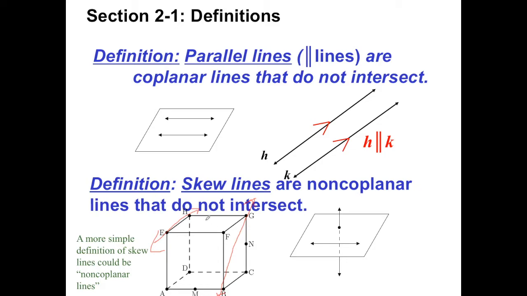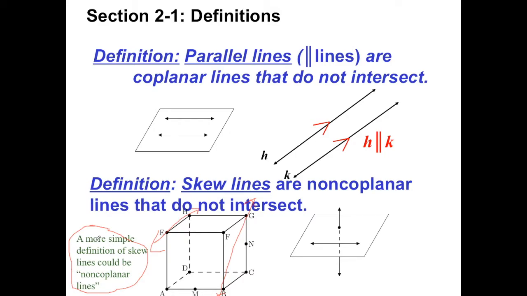One thing I want to point out too: normally in books, you want definitions to be as simple as possible, and then you can prove stuff beyond that. I was just thinking about this year, it's the first year I really thought about this. Skew lines, it says, are non-coplanar lines that do not intersect. And I put down here that a simpler way skew lines could be defined would simply be non-coplanar lines.